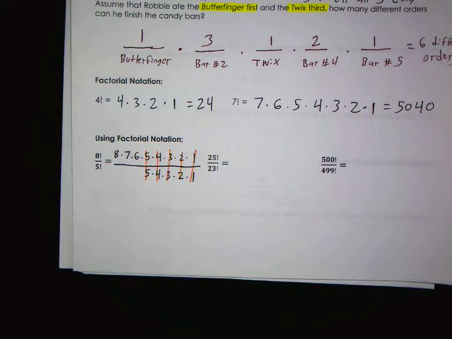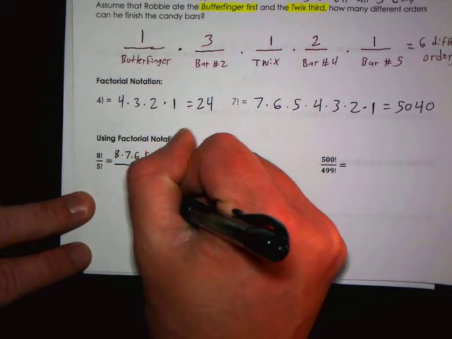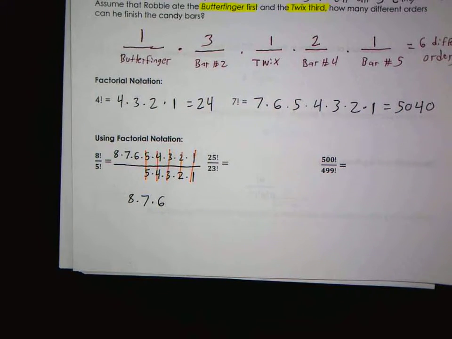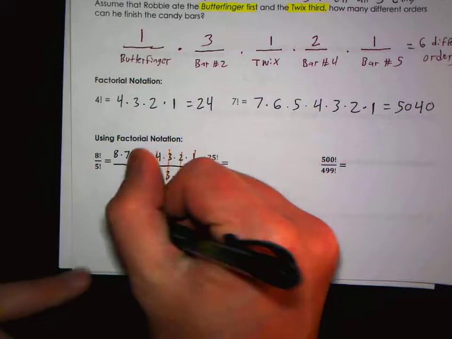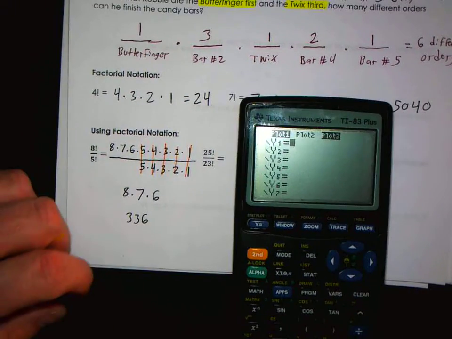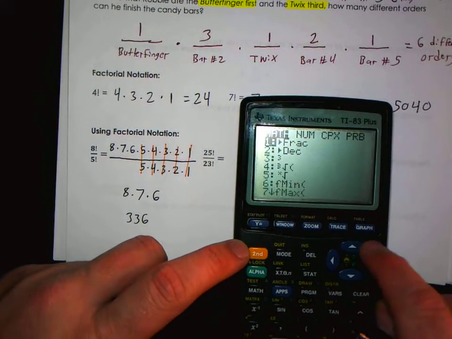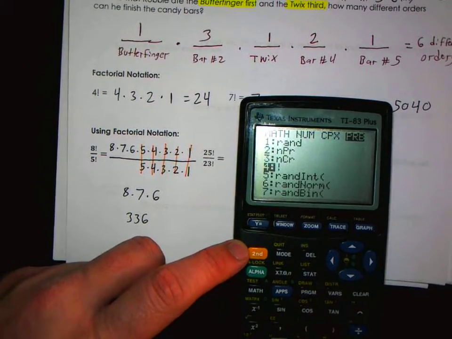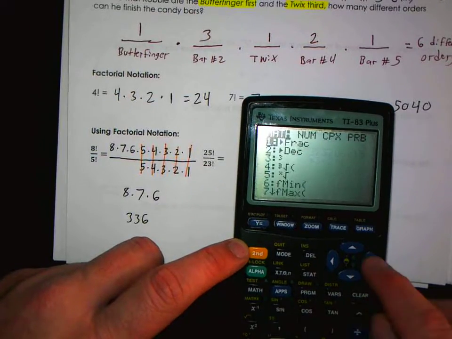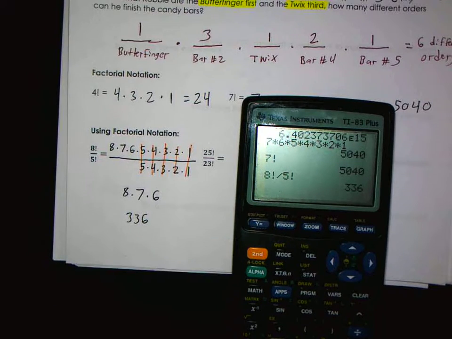Anything times or divided by 1 is the same thing. So this is really just asking, what is 8 times 7 times 6? And it's 336. Or type in 8 factorial divided by 5 factorial. Same answer, see?